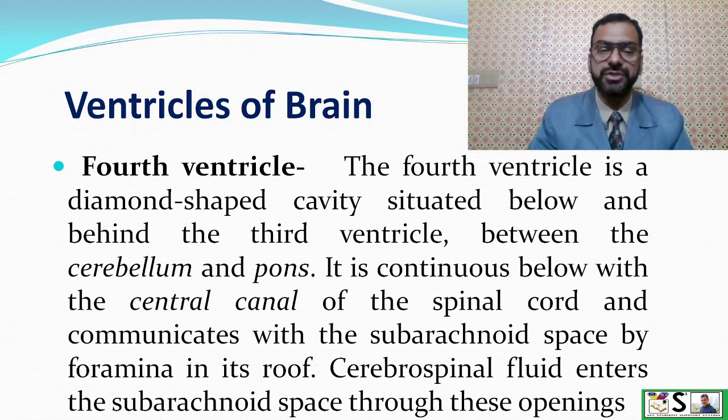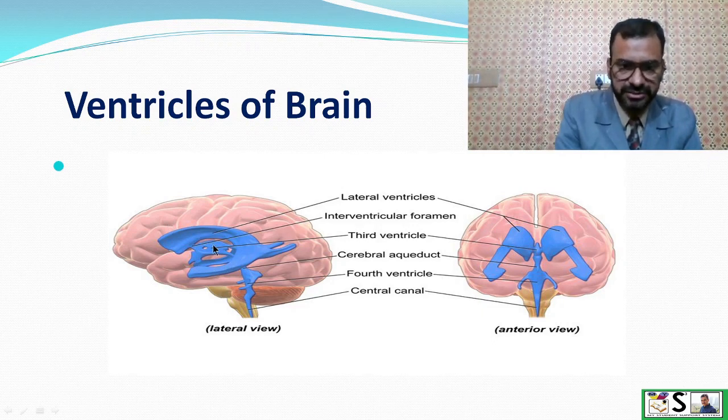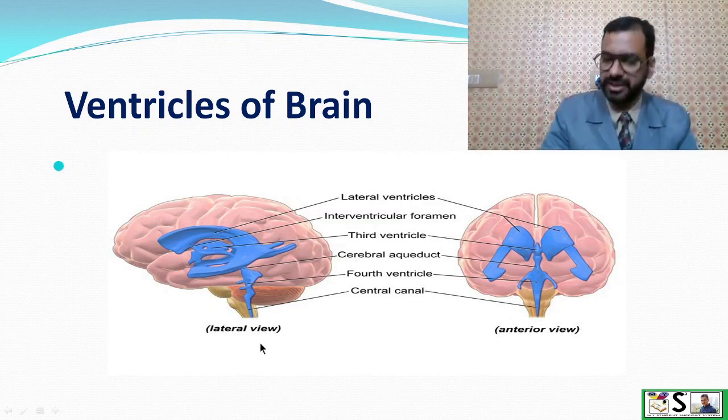It is continuous with the central canal of the spinal cord and communicates with the subarachnoid space by foramina on its roof. Cerebrospinal fluid enters the subarachnoid space through these openings. Here you can understand these are the lateral ventricles, third ventricle and fourth ventricle. And this is the central canal in the spinal cord which is continuous with the ventricles.